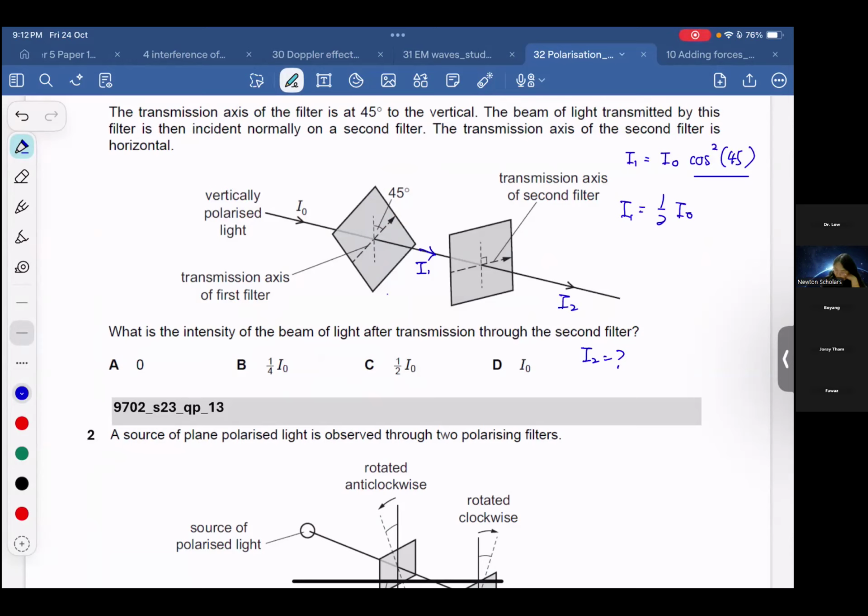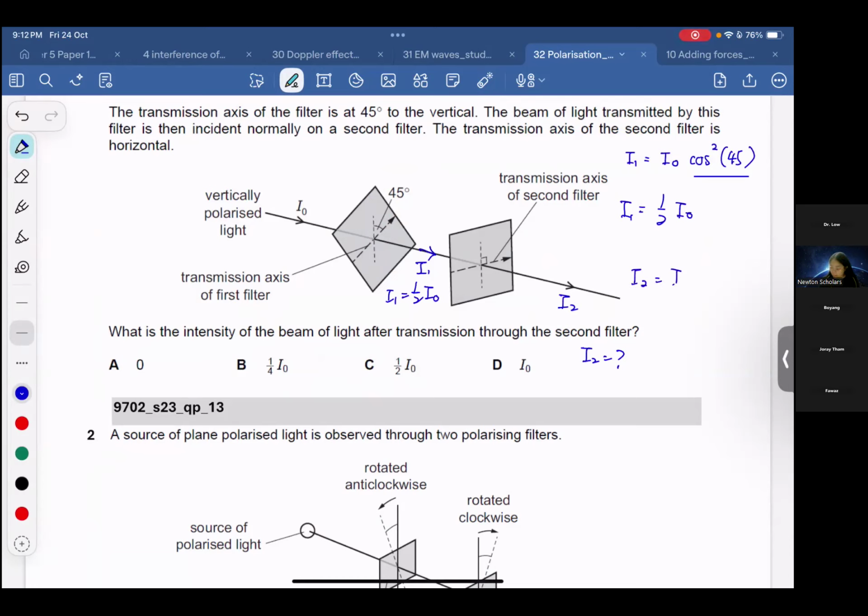That means I1 is half of I0. Is that clear? Then we want to analyze I2.